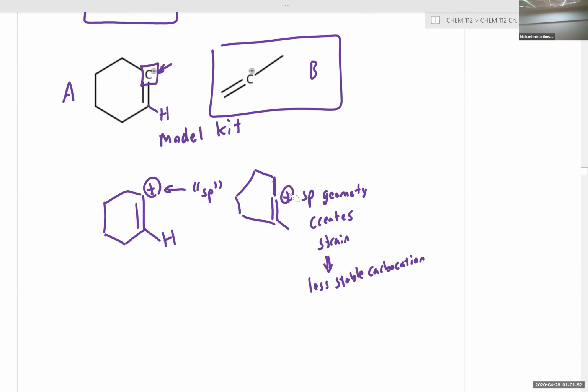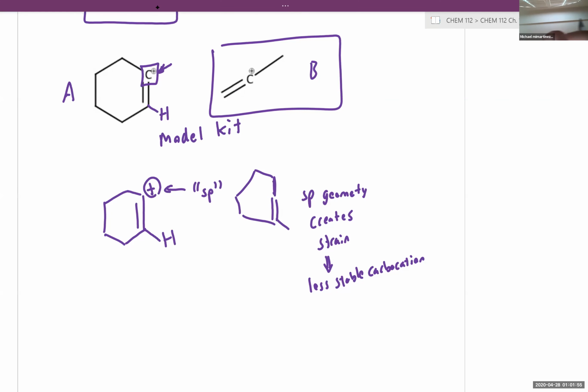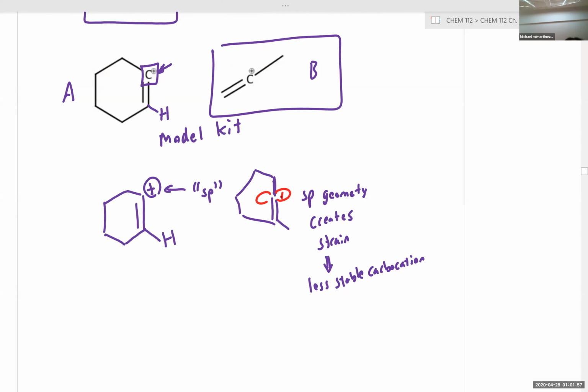So we want to have our carbocation in a p orbital, which would involve having a carbon that is sp2 hybridized. The problem is, in a cyclic system, you can't have a carbon that's perfectly straight without introducing an unfeasible amount of ring strain. As a result, our carbocation cannot be placed as readily into a p orbital and is less stabilized via hyperconjugation.